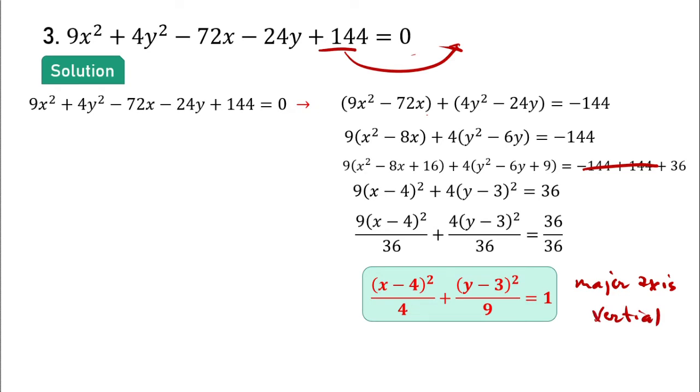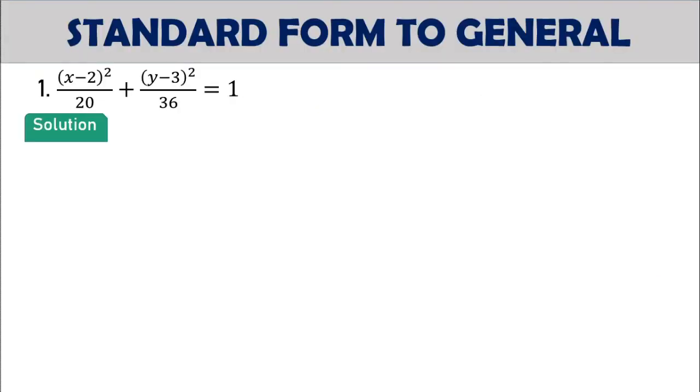Okay, so let's continue. Now we're going to solve from standard form to general form. Okay, how are we going to do that? So this is for number 1, quantity (x minus 2) squared over 20 plus quantity (y minus 3) squared over 36 equals 1. Okay, solution.